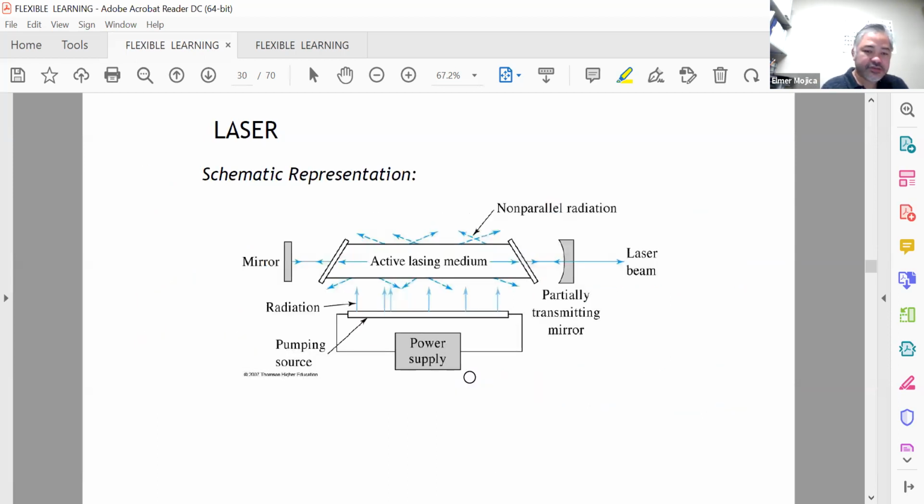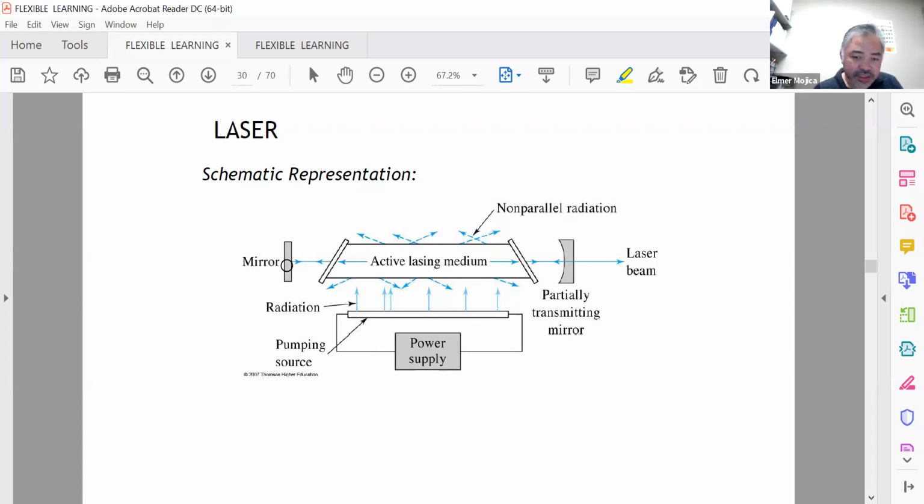So if you look at the schematic representation of the laser, you have the active lasing medium. There's a power supply, which is the pumping source, and then this is the radiation.